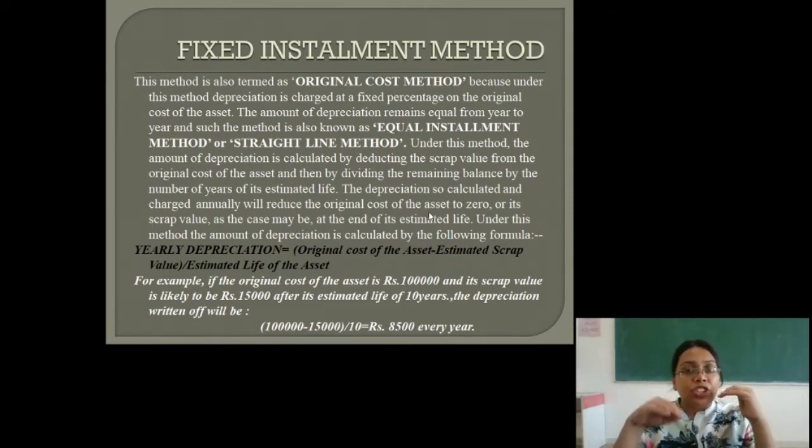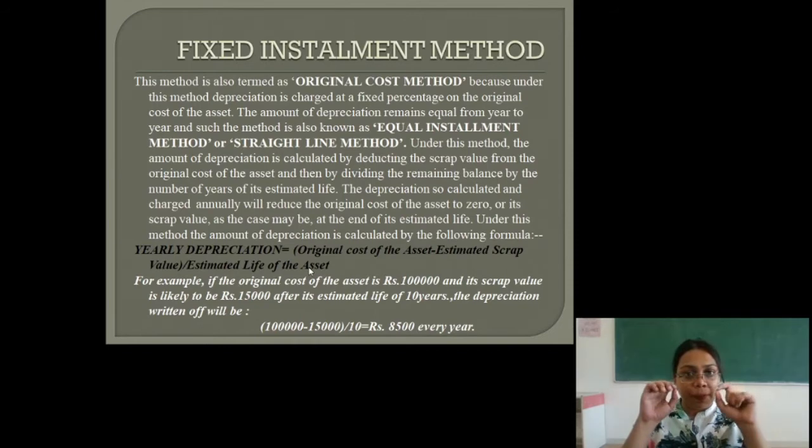We will depreciate the asset until the value of the asset is zero, or equal to its scrap value, as the case may be, at the end of its estimated life. Under this method, the amount of depreciation is calculated by the following formula: yearly depreciation equals the original cost of the asset minus the estimated scrap value, divided by the estimated life of the asset.